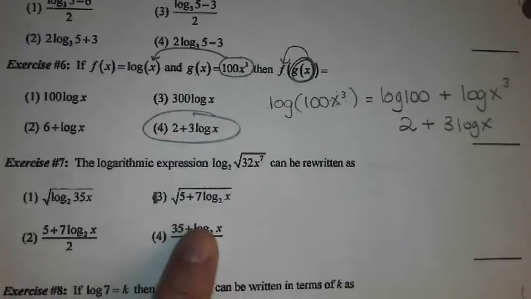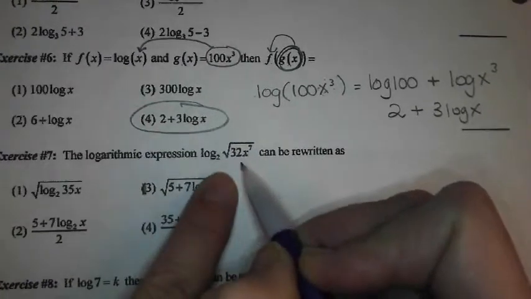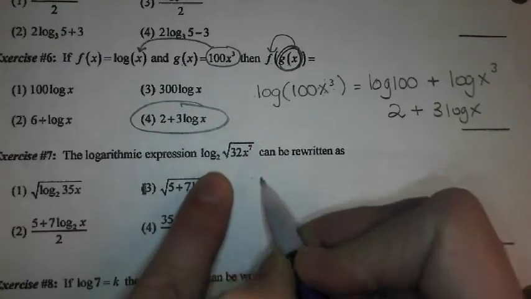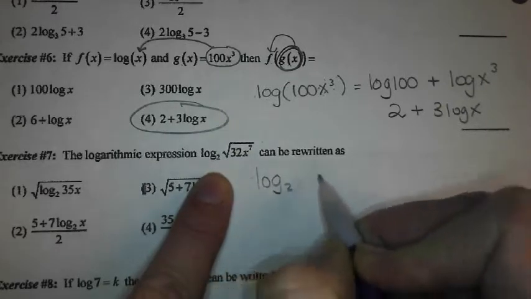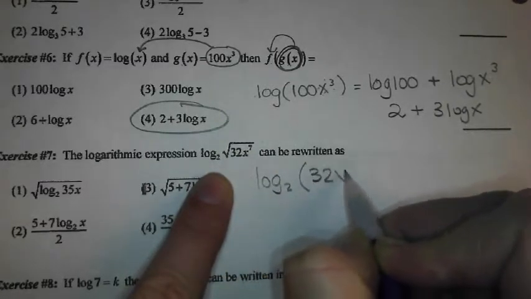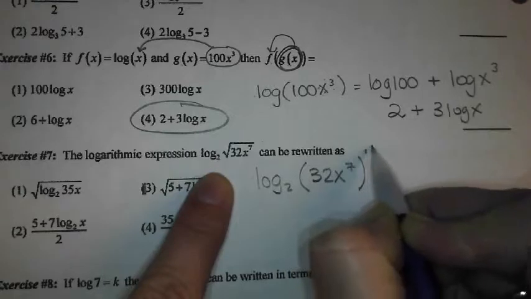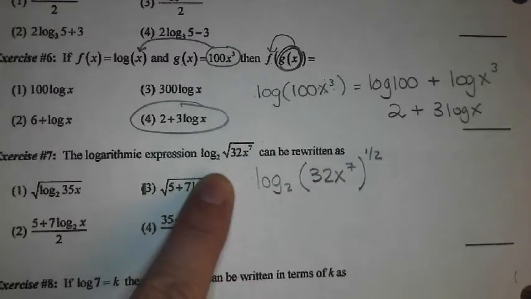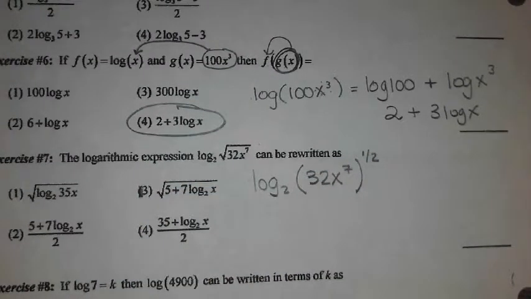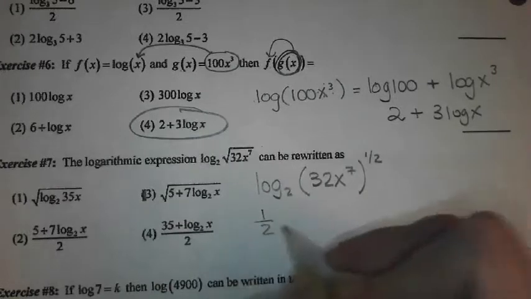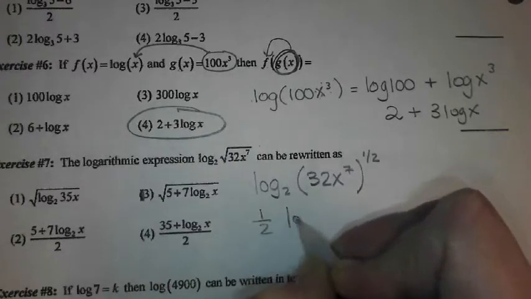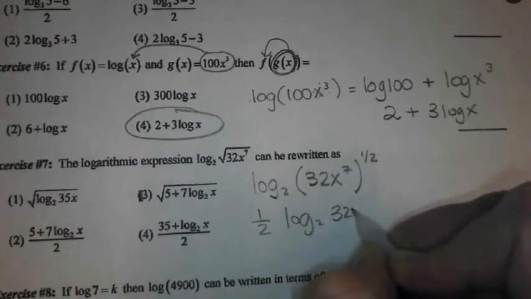Look at 7. Now 7 has the radical over the entire thing. So this is like 32x to the 7th, all raised to the 1/2. Because the entire thing is raised to the 1/2, now I can take that 1/2 out in front before I can get started. So I'll have 1/2 log base 2 of 32x to the 7th.